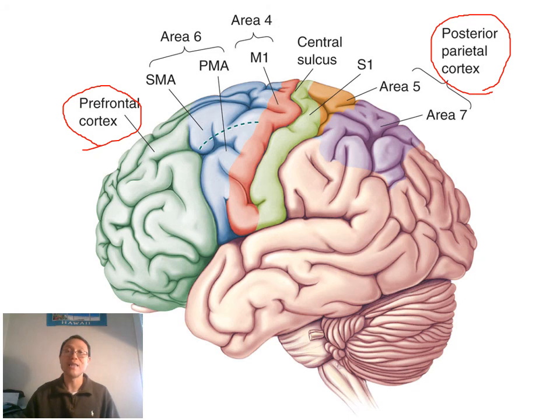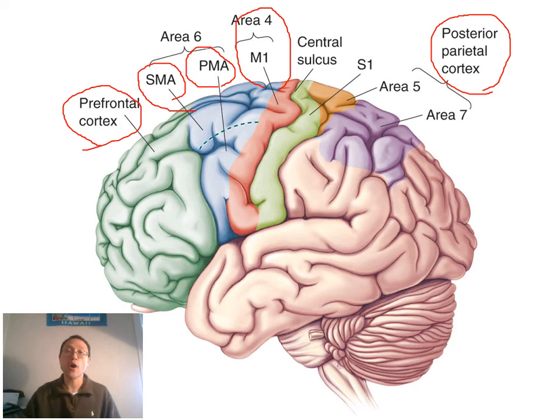The next level down is the supplementary motor area as well as the premotor area. These are very important for the actual premotor planning aspect. And then the next area, as you can see, is more involved with tactic and also the execution. This is the primary motor cortex.